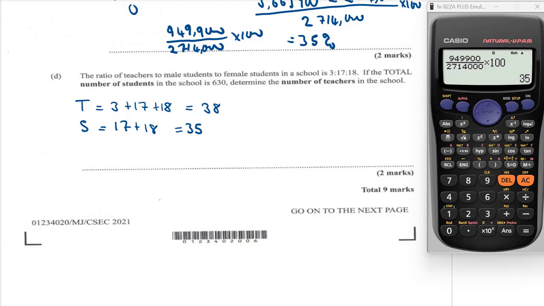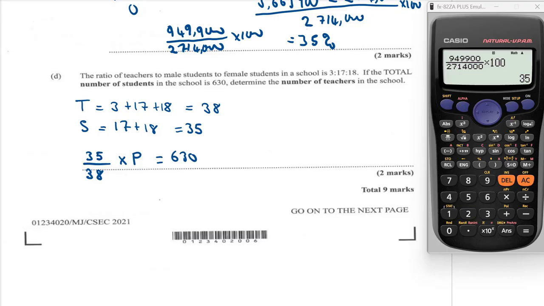Now, the question told us that the total number of students in the school is 630. That means they are saying 35 over 38 times P is equal to 630. Now, P is the school population, including teachers.